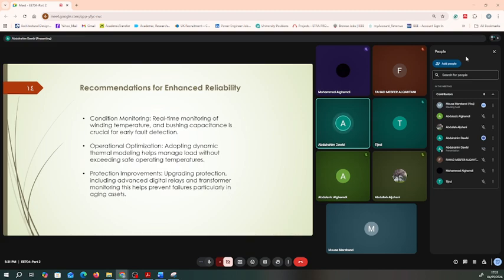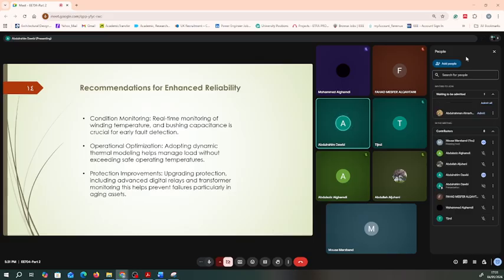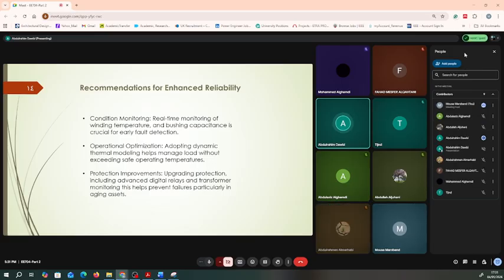Adopting dynamic thermal modeling helps manage load without exceeding safe operating temperatures. The third one is protection improvements. Upgrading protection includes advanced digital relays and transformer monitoring. This helps prevent failure, particularly in aging assets.